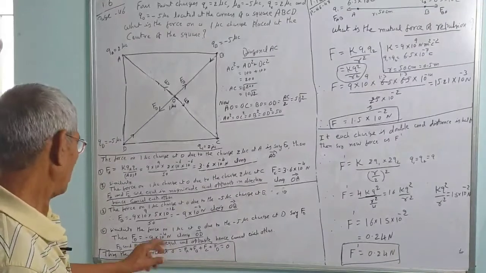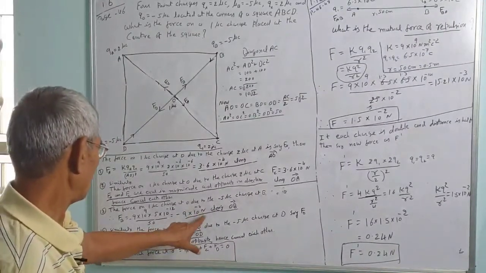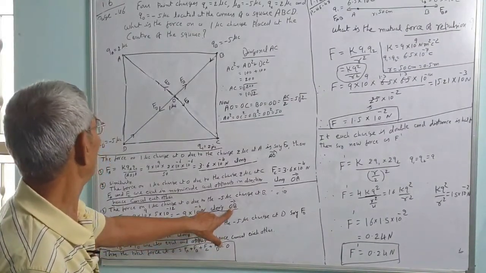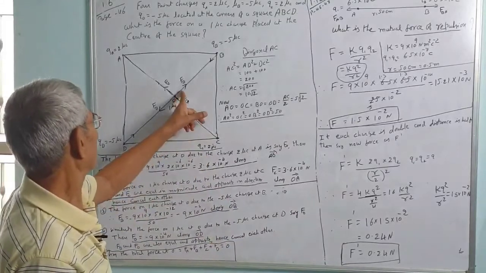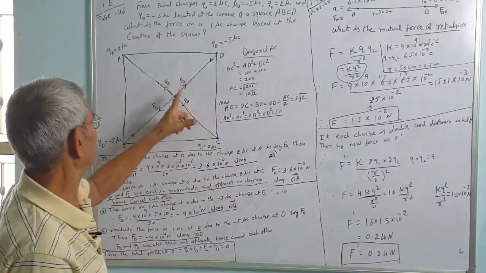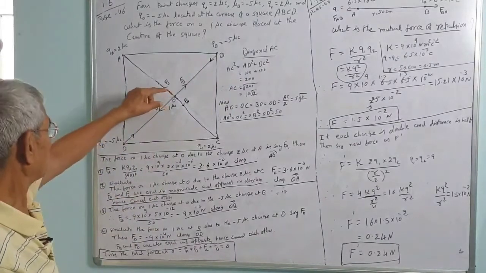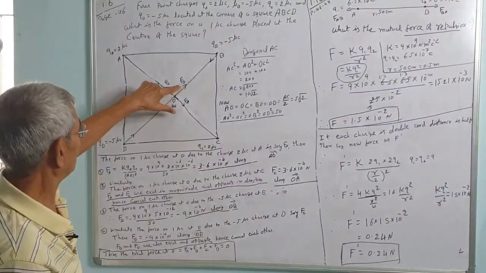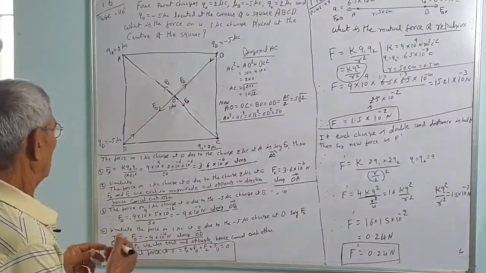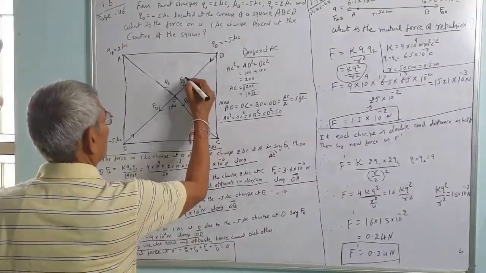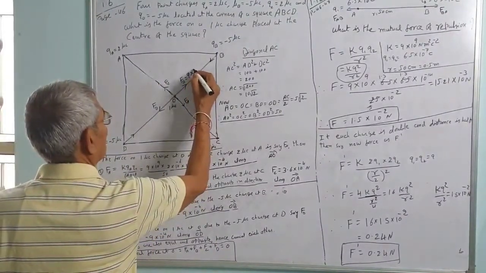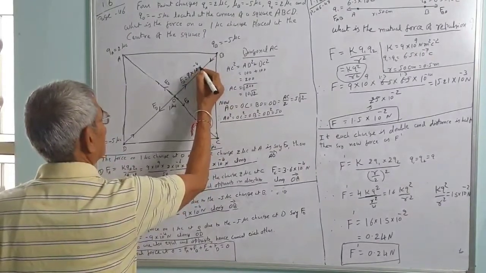Since it is attractive, it is along OB. The magnitude is 9 into 10 raised to minus 4 newton.